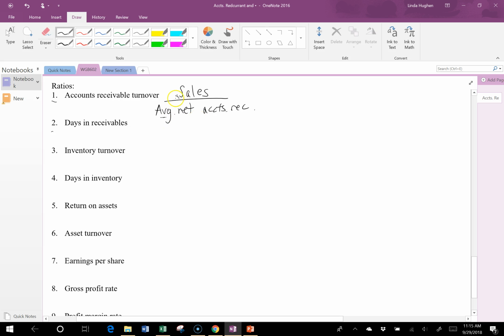So how do your sales compare to your average receivables? Higher is always going to be better. After we cover all of our ratios with the definitions, we're going to, again, work through an example with Walmart. Days in receivables simply takes our accounts receivable turnover and puts it into a number that might be a little bit more intuitive.